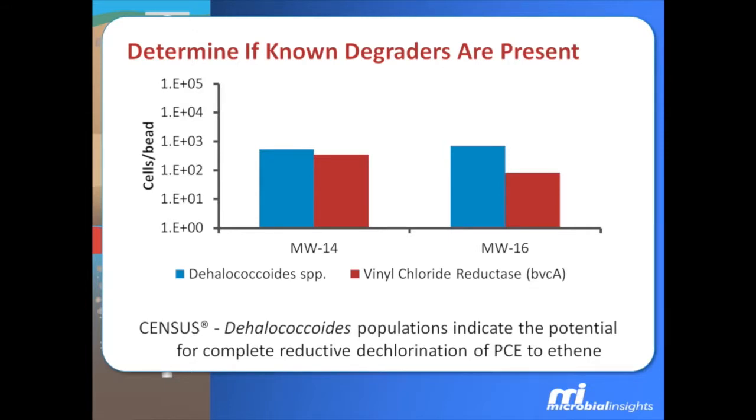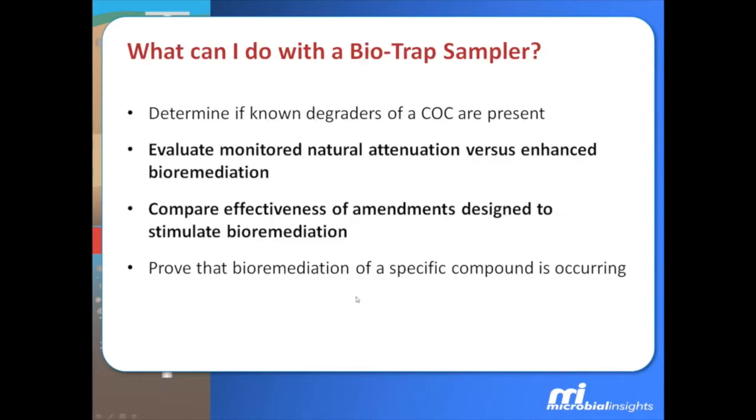So what you're looking at here at these 2 sites was an analysis of the biotraps for Dehalococcoides, as well as, in this case, vinyl chloride reductase genes. And as you can see in this particular case, both Dehalococcoides and vinyl chloride reductase were identified at this particular site.